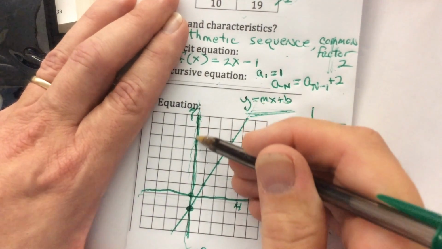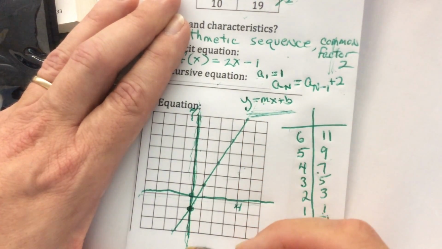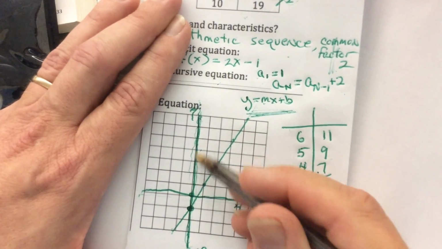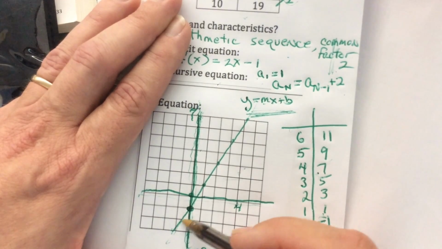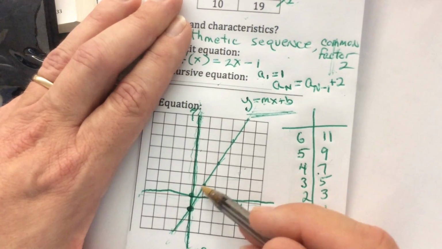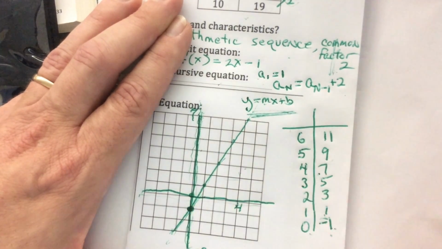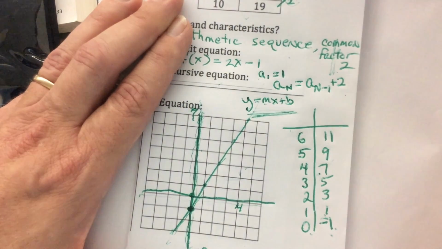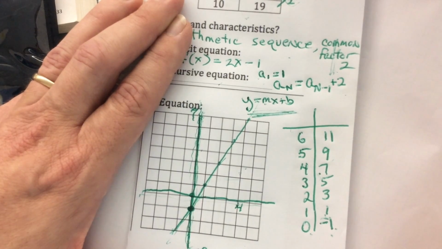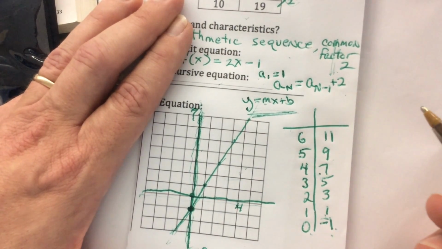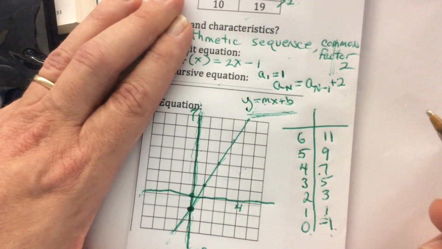But here, wherever x is 0, that's going to be the point on this line. So if this is my graph, the y-intercept is where x is equal to 0. Literally where it intersects the y-axis. Right, exactly.